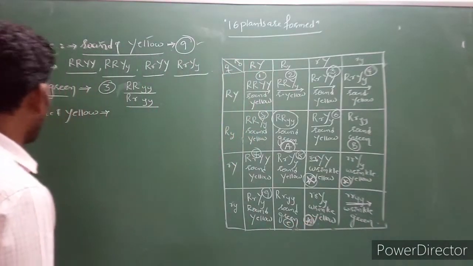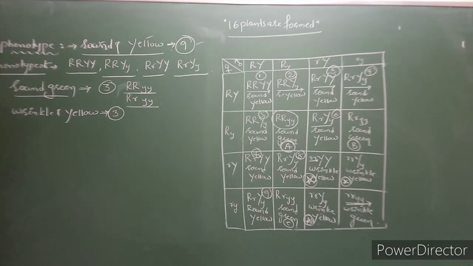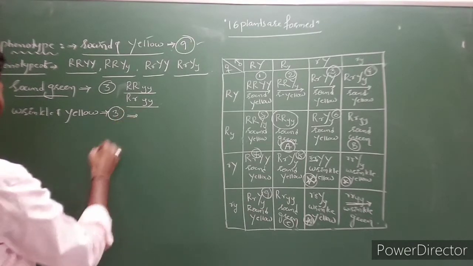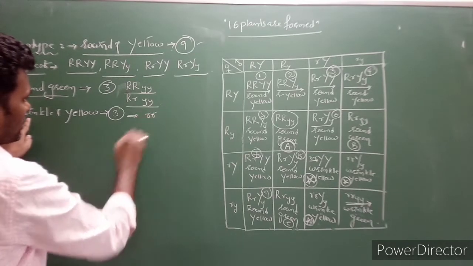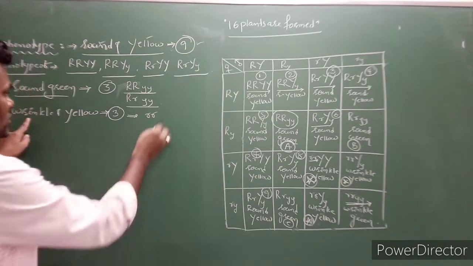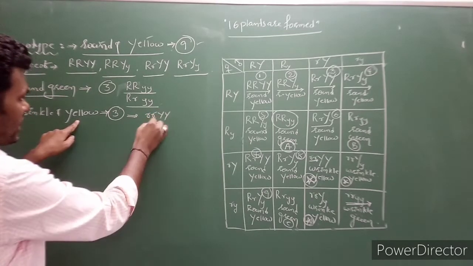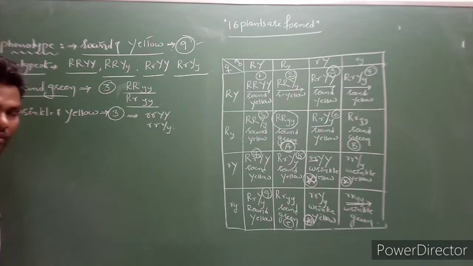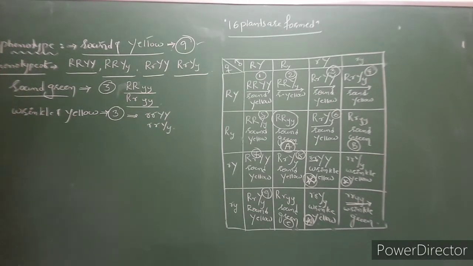Three plants are there. Three plants are wrinkle and yellow. And what is the character, like genotype, what have to write? Wrinkle should be recessive, small r, small r. No chance. Yellow means we can write capital Y, capital Y, we can write capital Y, small y also. That is the genotype of wrinkle as well as yellow.